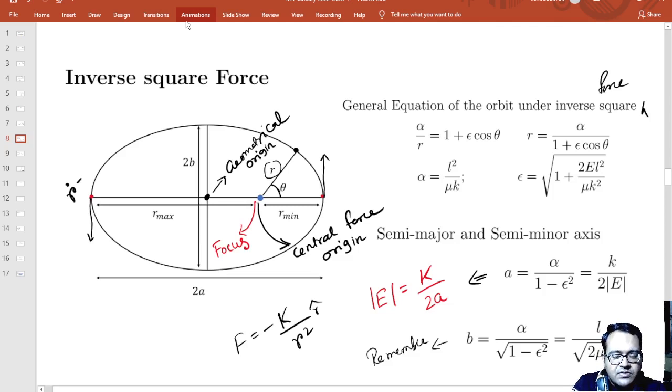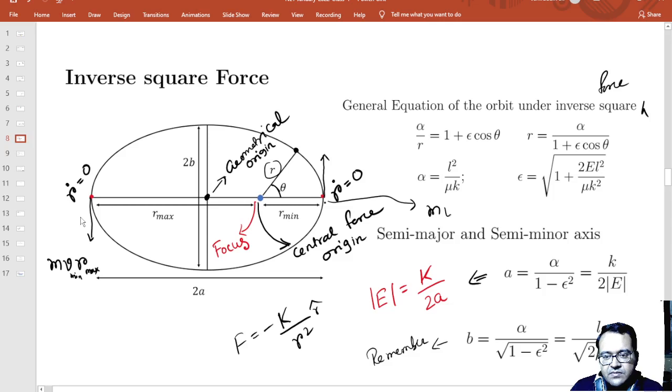So here r dot equals 0, at perigee and apogee. The angular momentum is m v r. When r is at maximum, velocity is at minimum, because angular momentum is constant. So here also there will be m v max r min.